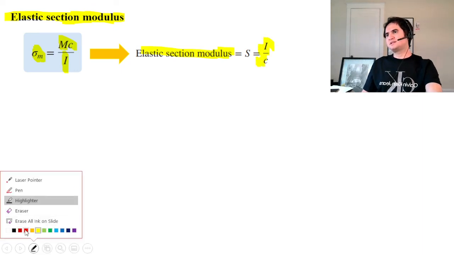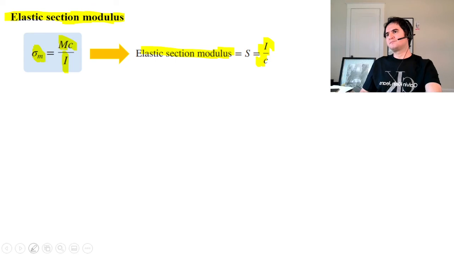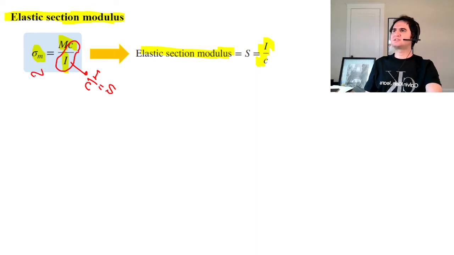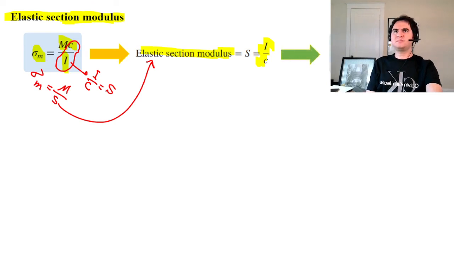So in the same equation, if we consider I over c equal to S, it just says sigma max is M over S. And that S just stands for elastic section modulus. So sigma max is M over S.